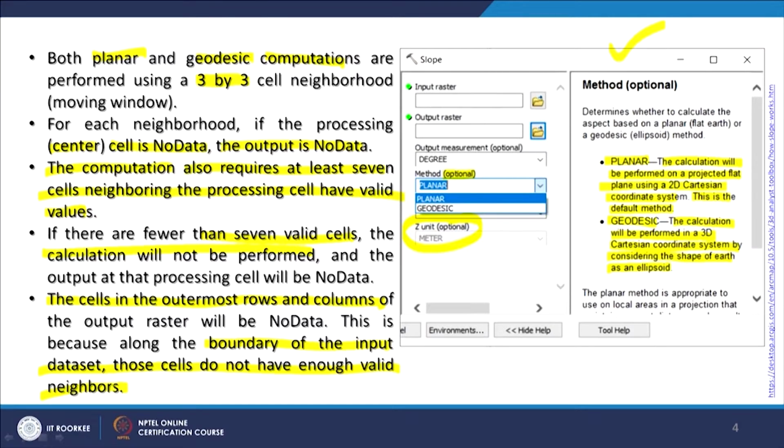If one cell has no data it is fine, but in the corners or on the margins of your input digital elevation model, more than 7 cells will not have data, and therefore the calculation is not done. So, your output would be reduced by at least 2 cells by 2 cells on the borders. This you have to remember, one cell thick on all sides. It is a kind of border it will create with no data.